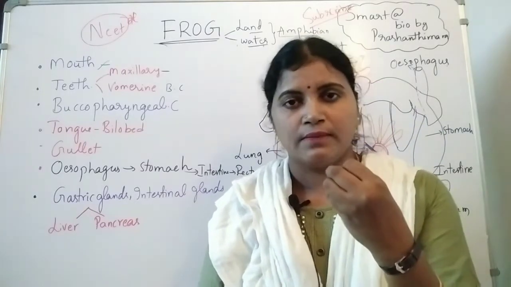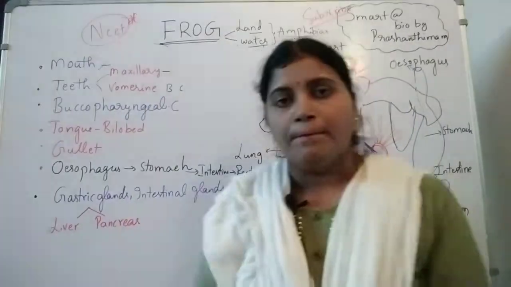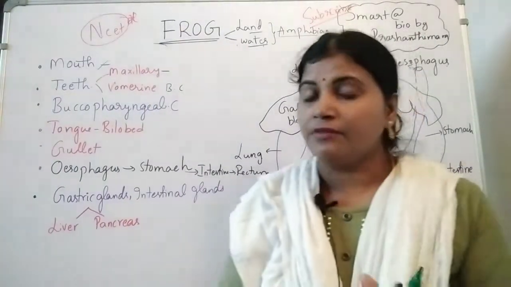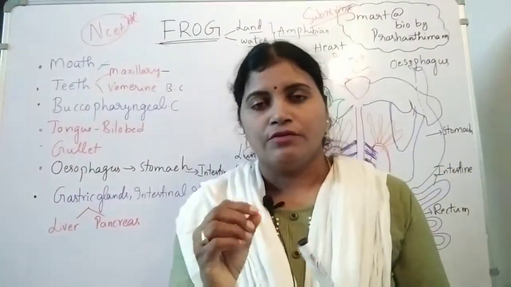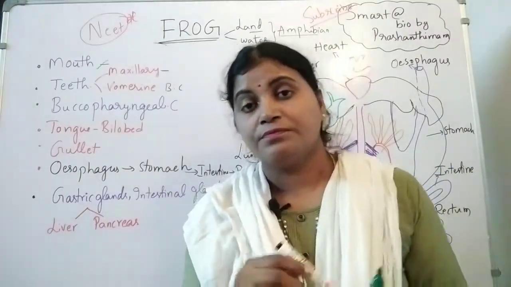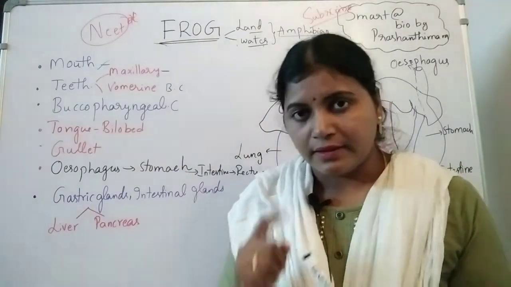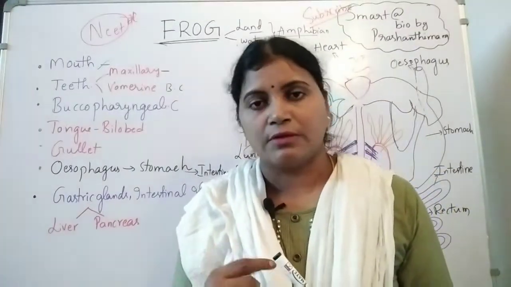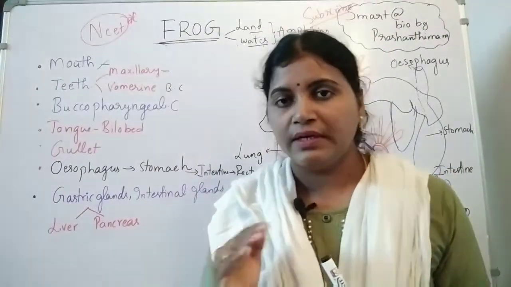In this buccopharyngeal cavity we have many important points. The main structures which play an important role in digestion are present in the buccopharyngeal cavity, that is the mouth space. It contains the teeth and tongue.